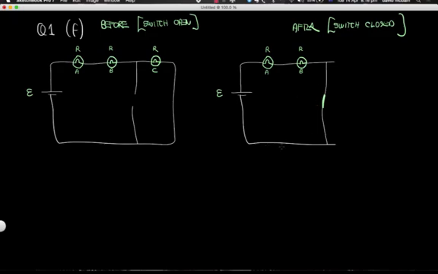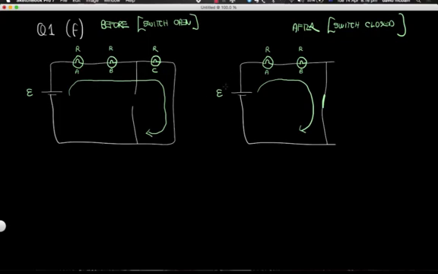Okay, so what we want to do, we want to look at these two scenarios. This first scenario is the circuit while the switch is open, which means that all the current will pass through all three globes and then back to the battery. After the switch is closed, effectively all the current will just pass through those two globes and back to the battery.